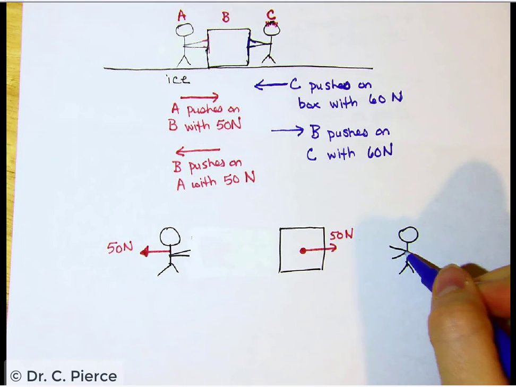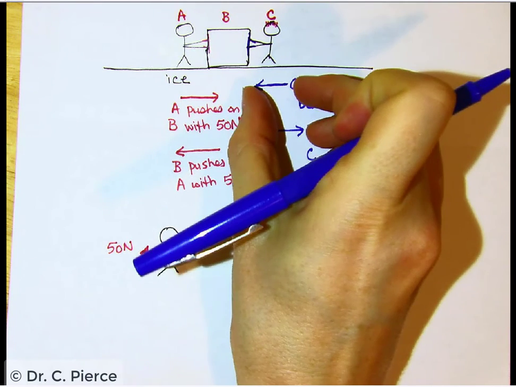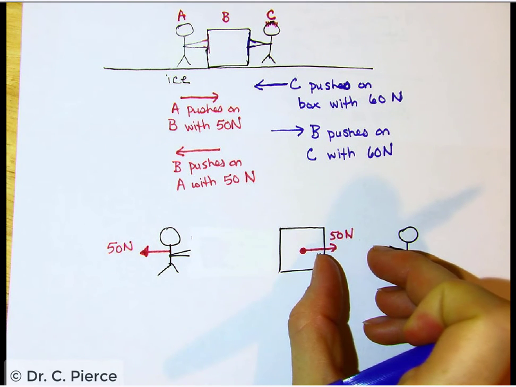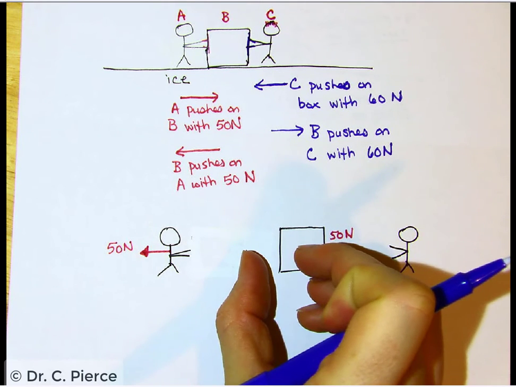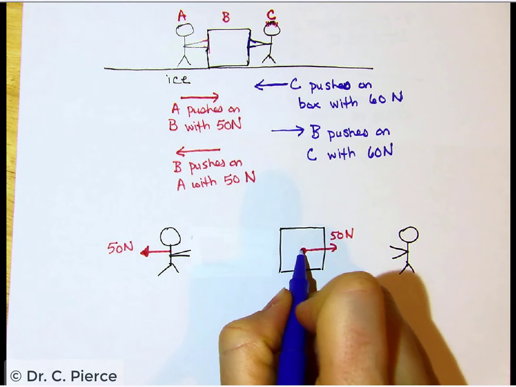This person is pushing on the box this way. So I can pick this arrow up and I could draw it here, pushing left on the side of the box. But tradition for physics is to actually just kind of copy and paste it here. They both work. This is just tradition and what I will end up doing most of the time.